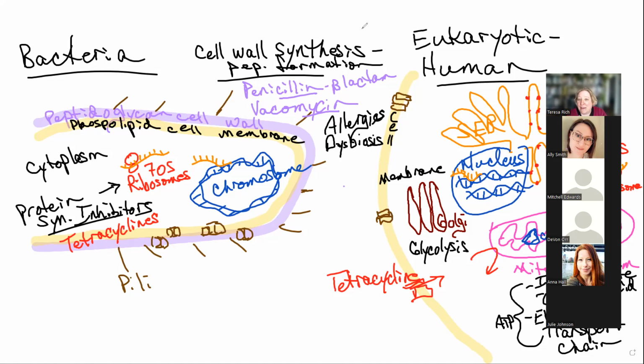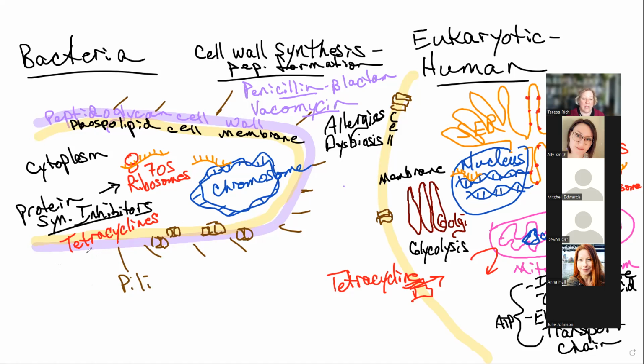But we do have side effects, unintentional consequences, to tetracycline. If you're pregnant, or if you are a child and you've still got teeth forming, it can cause problems with teeth and bone formation.